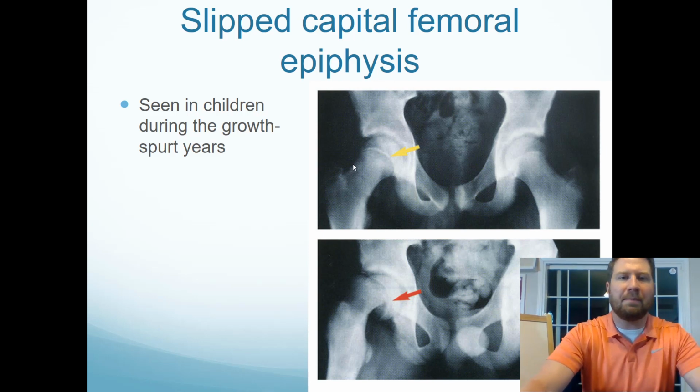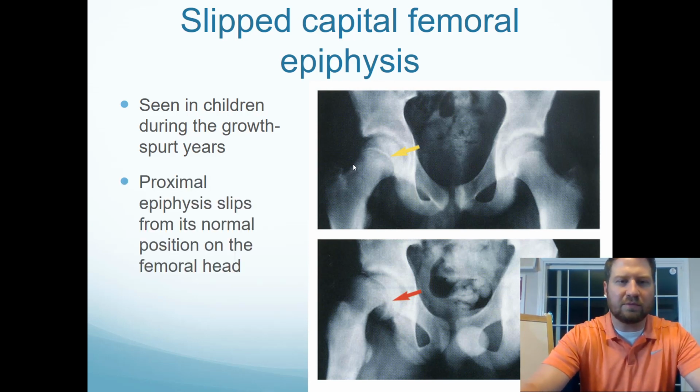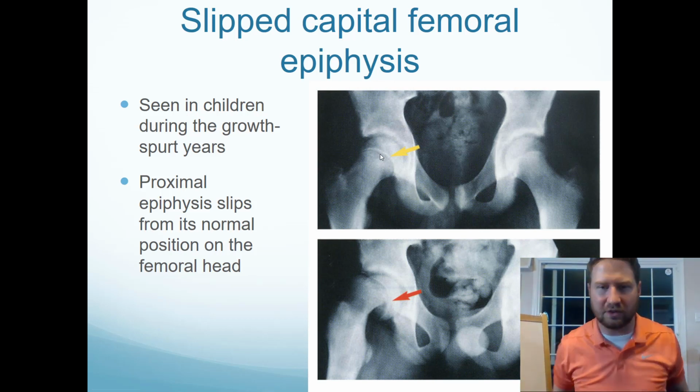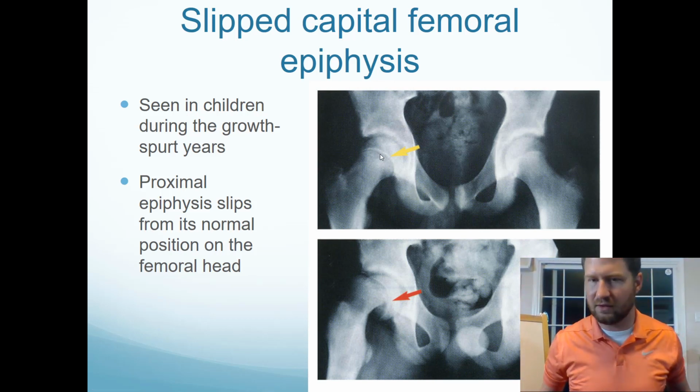Slipped capital femoral epiphysis is seen in children during the growth spurt years, okay, where the proximal epiphysis slips from its normal position on the femoral head. This is usually due to a high impact or a trauma, like jumping from a high height. Okay, this is one of the reasons why trampoline parks are so scary for people like us.